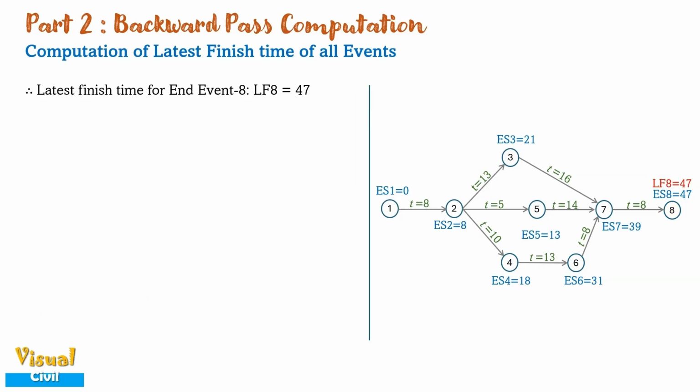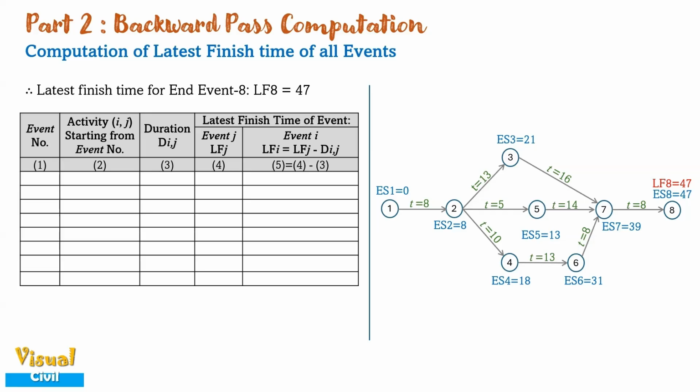Let us do the remaining computation in tabular format as shown here. In the table, column 1 shows the event number. Column 2 enlists the activities starting from an event number shown in column 1. Column 3 represents the duration of an activity shown in column 2.